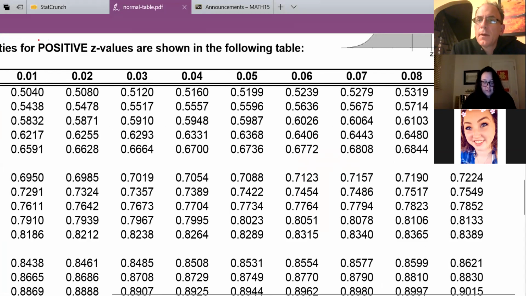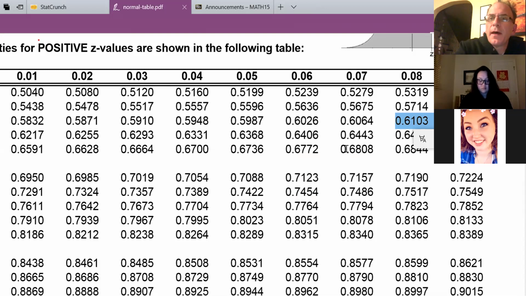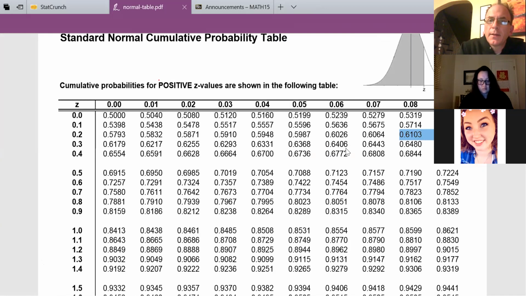It looks like this value right here is closest to about 61%. I want to find the z-score that matches up with that value. What's the z-score that matches up with that? And I can see that the z-score is 0.28. There's the 8 across the top.